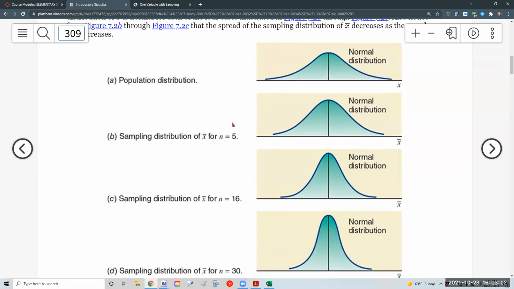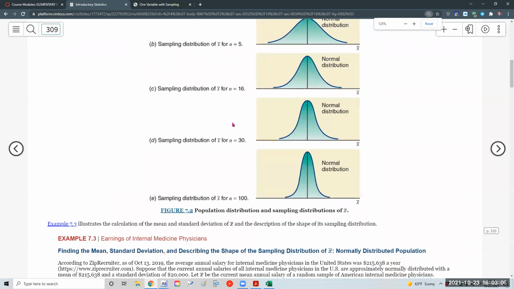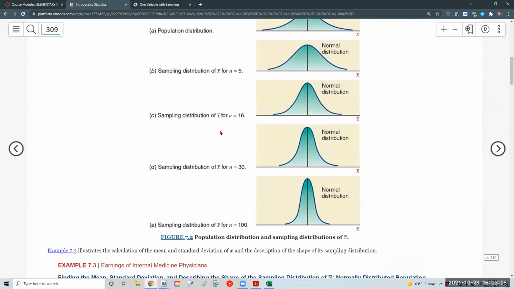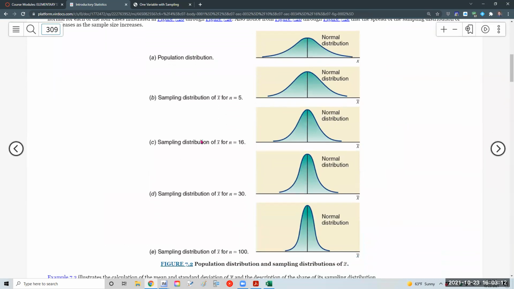And so the author gives us a sequence of graphs here, which also illustrate that x bar is a consistent estimator. Here's your population distribution graph. And then here are graphs of the sampling distribution of sample means for increasing values of n.